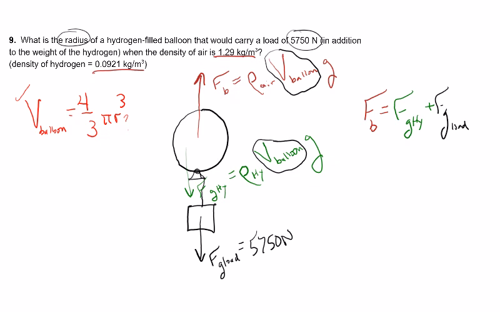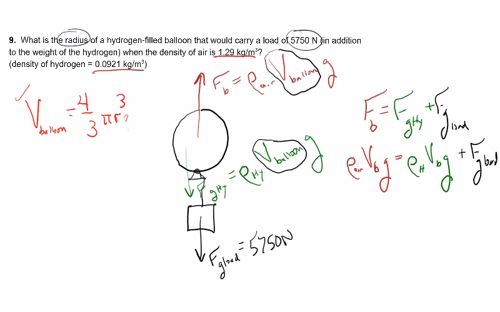Over here, I'm going to have the density of the air, the volume of the balloon, let's write VB, times gravity, and this should equal the density of hydrogen times the volume of the balloon times gravity, and then finally we have that load.